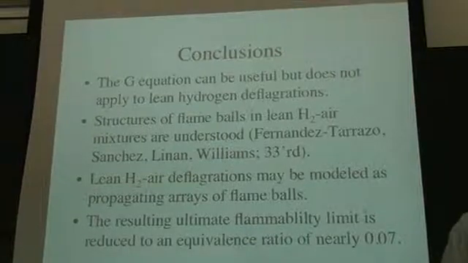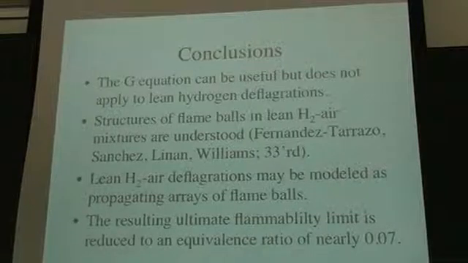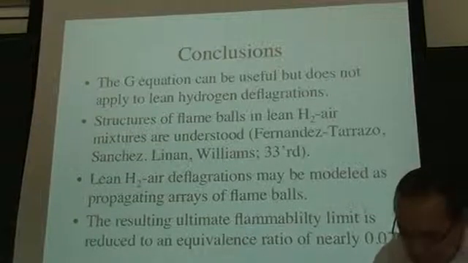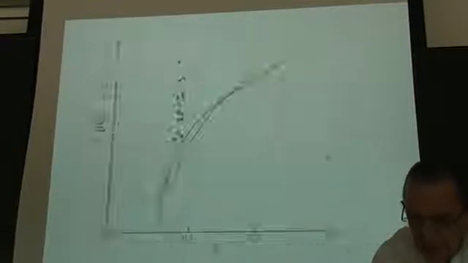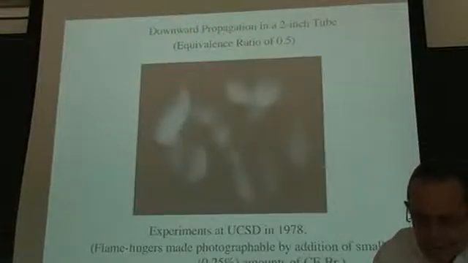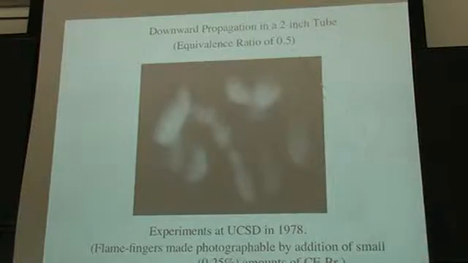Your first conclusion, you mean very lean hydrogen conditions where there's local extinction or breakup of the surface? Well, it doesn't have to be all that lean, because you start to get this phenomenon already at this condition here, an equivalence ratio of 0.5.